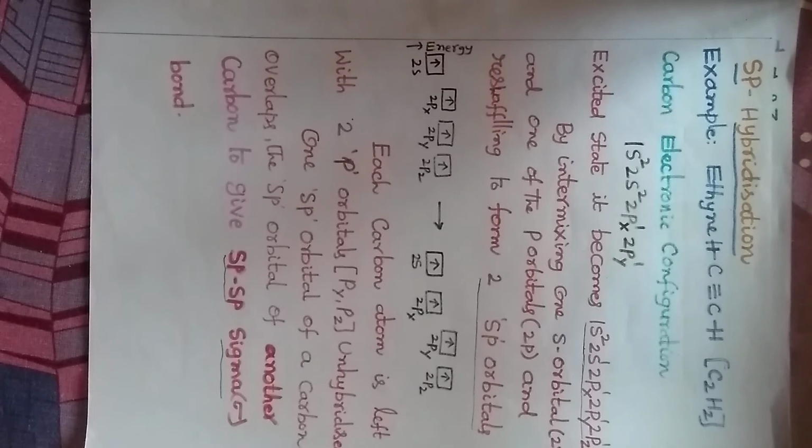So here one s orbital and only one p orbital, it may be 2px, 2py or 2pz, one of the p orbitals, you can write like that, and reshuffling to form two sp orbitals.